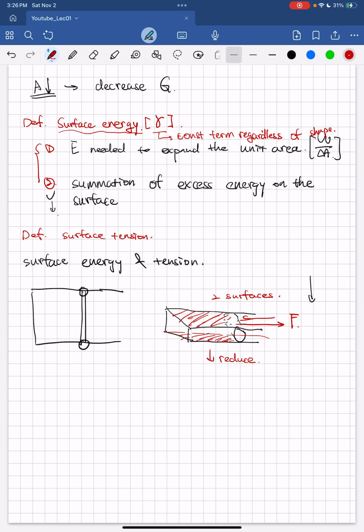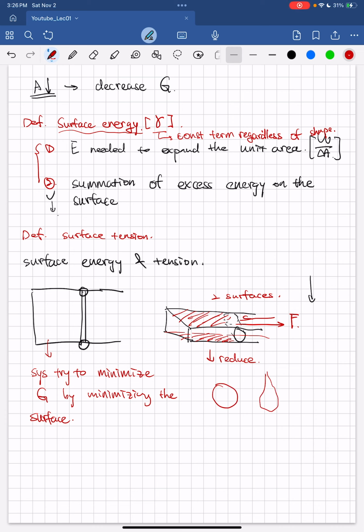So the system is going to try to minimize Gibbs free energy by minimizing the surface, which is why when you see a raindrop, you'll see this kind of shape, right?